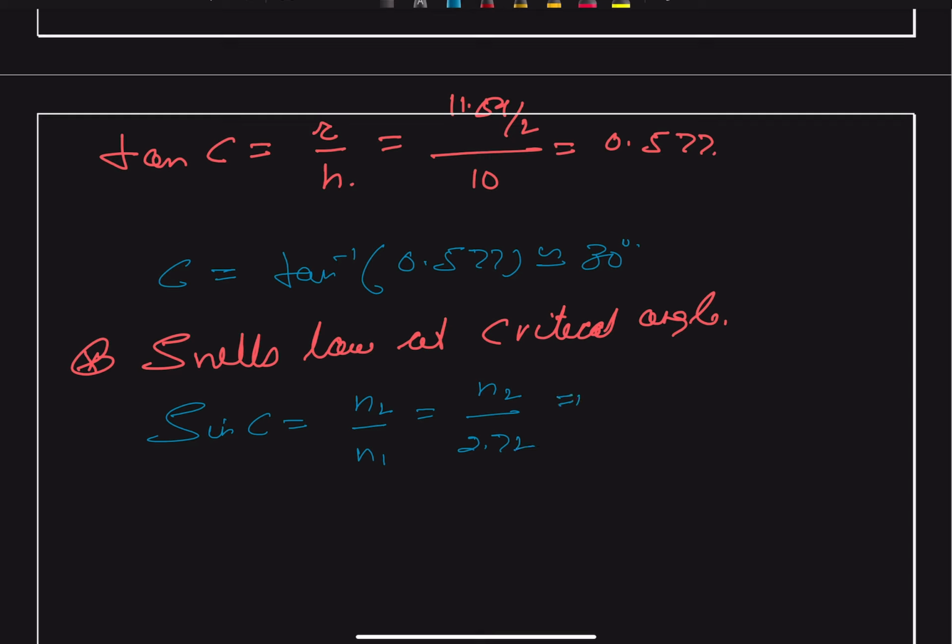So this gives us that n2 will be equal to 2.72 times sine of 30, that is 1 by 2. So n2 will be approximately equal to 1.36.